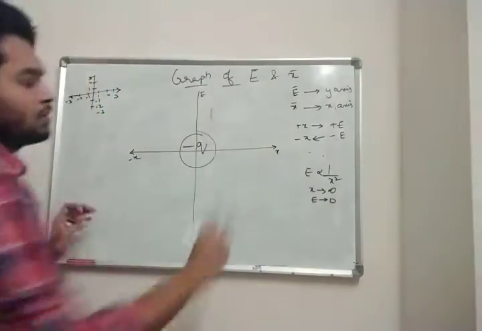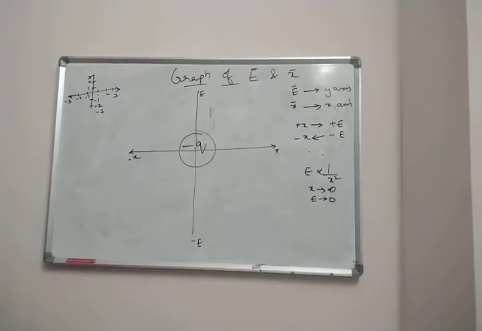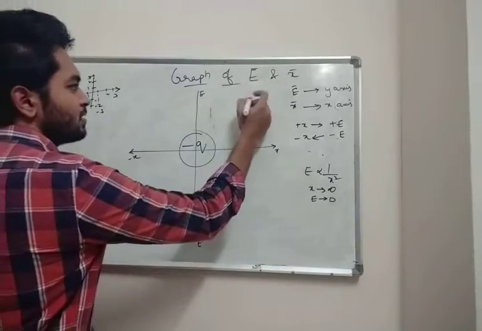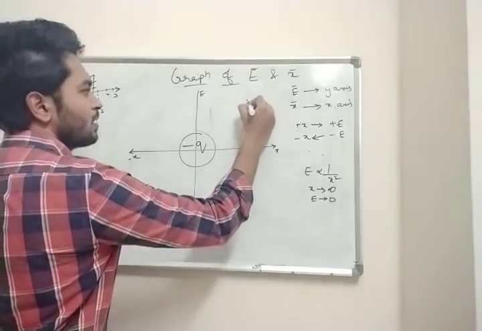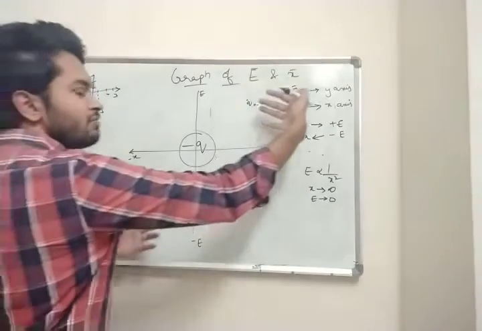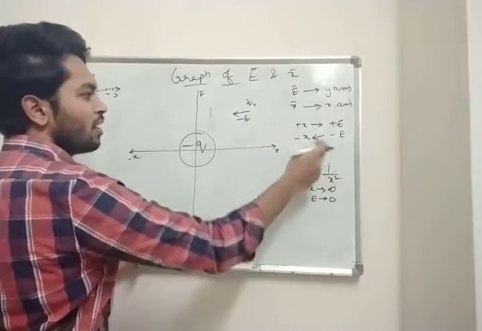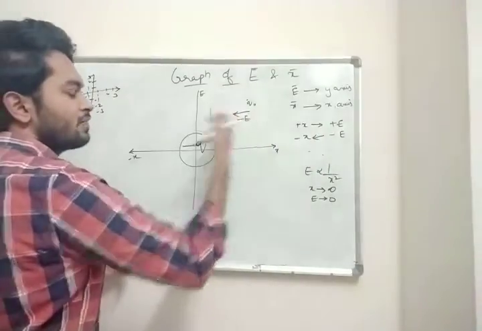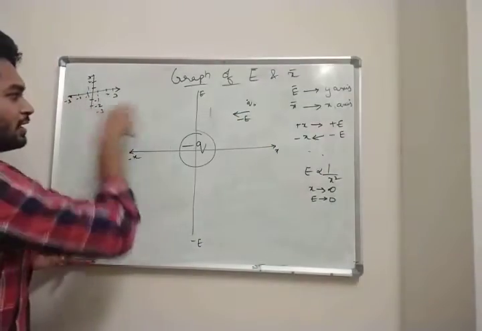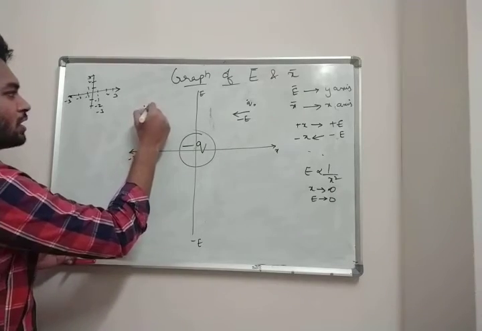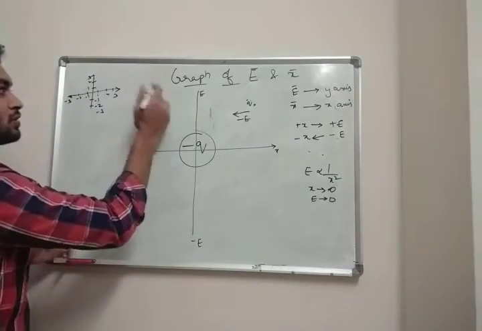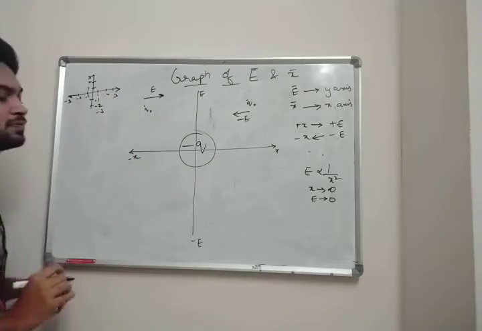If I place a test charge here, positive q naught, the electric field will be in this direction, so E is negative. What did I tell? If it is left side, electric field is negative. And if I place positive charge q naught here, your electric field is towards, so here electric field is positive.